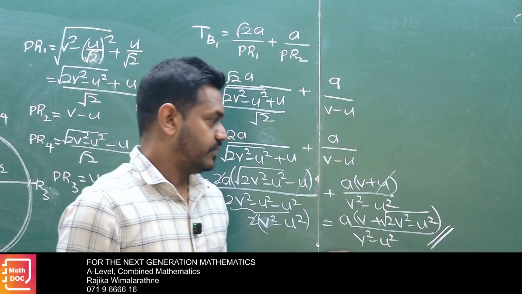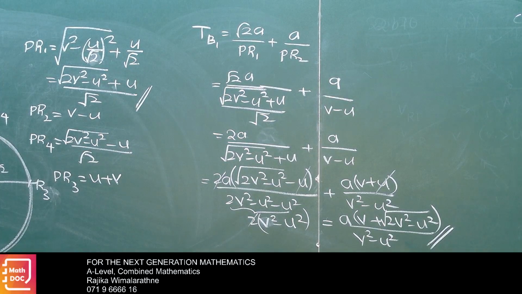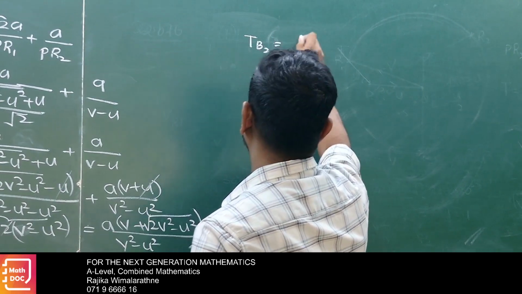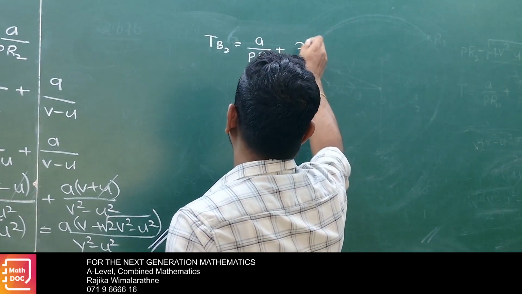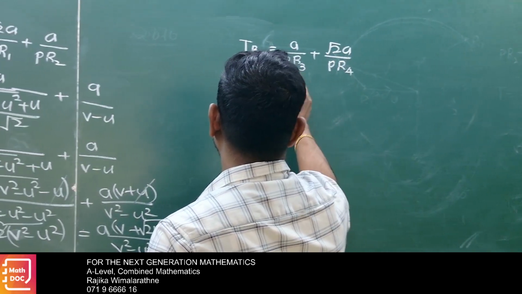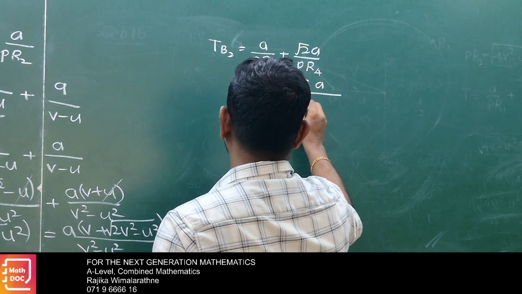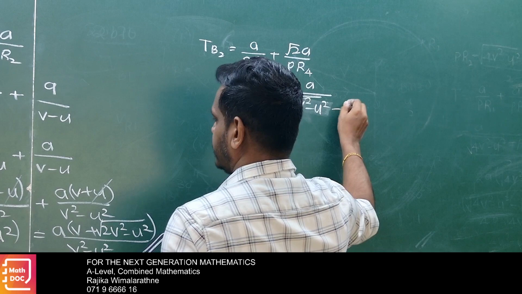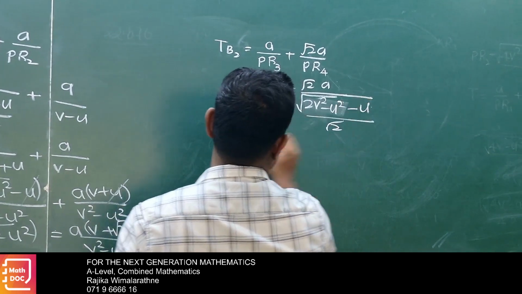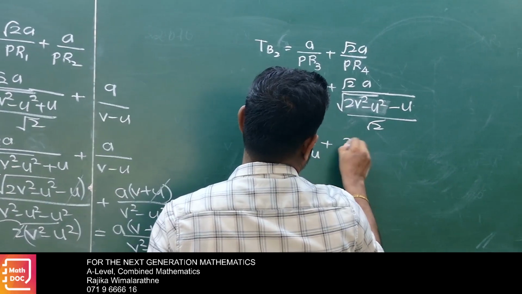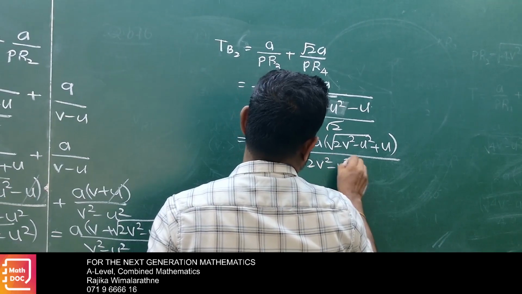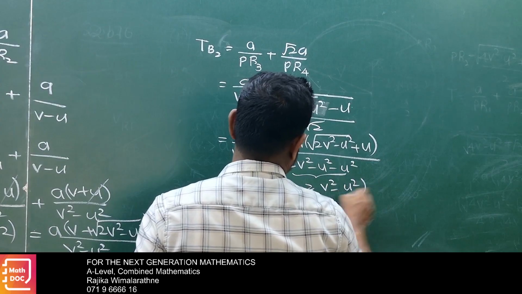Similarly, you find it for B2. TB2 is A divided by PR3 plus root 2A divided by PR4: A over V plus U, plus root 2A over the square root of 2V squared minus U squared, minus U. Then multiply by the conjugate, V plus U. Here this will be 2V squared minus U squared, cancel 2 now.